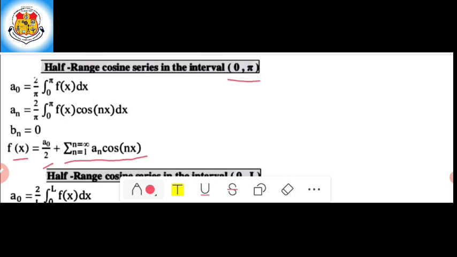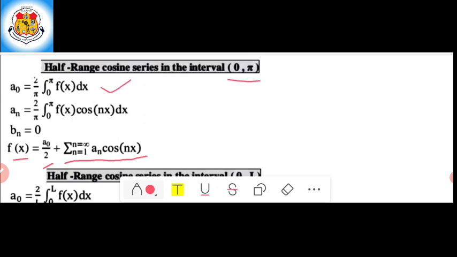Such a series represents the half-range cosine series for the interval 0 to pi. In the half-range cosine series, the Fourier coefficients a0 and an are present. To determine the values of a0 and an, the formulas are given.